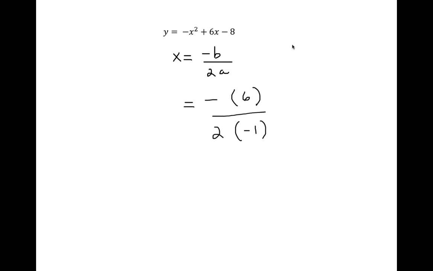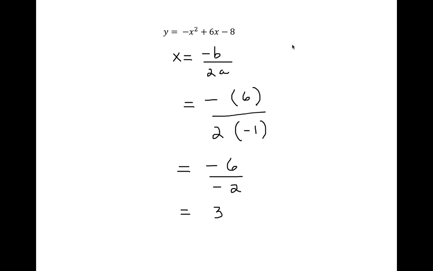Now, b in this situation is a 6, so we write negative, and then we put our number in brackets, 6. Down below we have 2 times a, and once again we put a, which is a negative 1, in a bracket. Then we simplify. We have negative 6 over negative 2, which simplifies further to be 3. So now we know that the x value of the vertex is 3.